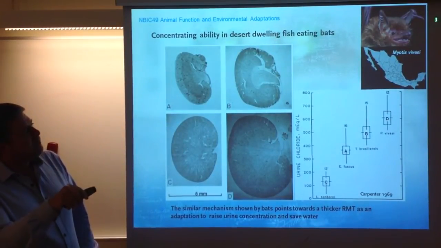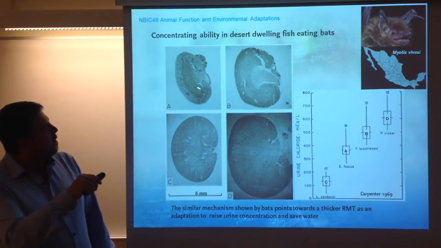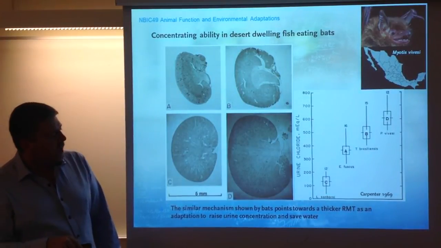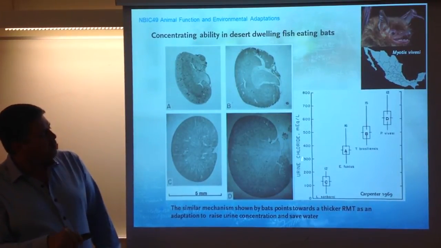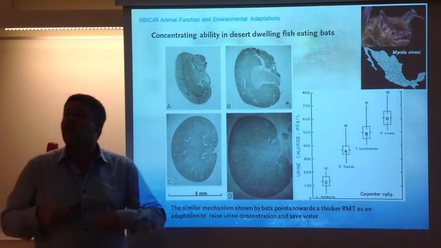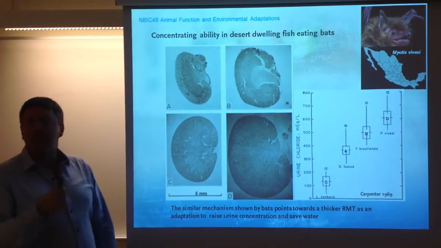This bat is a fish-eating bat that lives in Mexico, and this is actually a comparison with 3 other bat species. Notice here, the chloride concentration in the urine increases progressively. The one that shows it highest is the animal that can concentrate the urine most. That is this species here, that is a fish-eating bat.